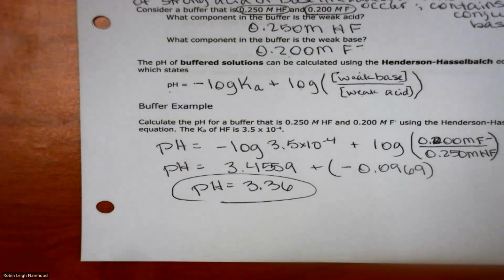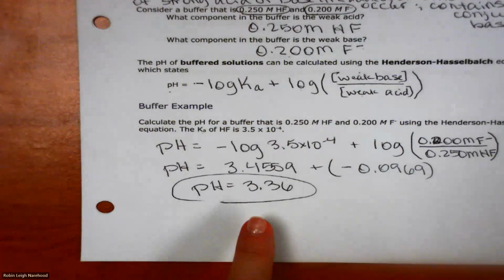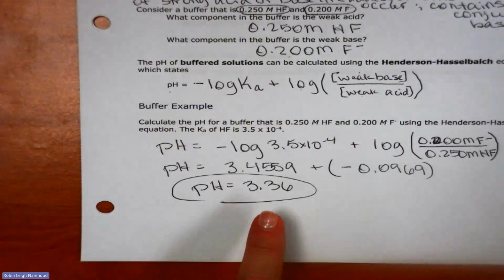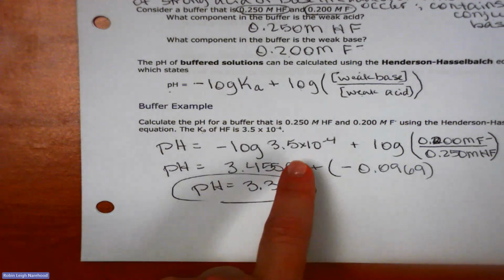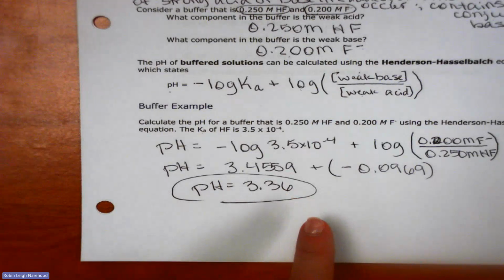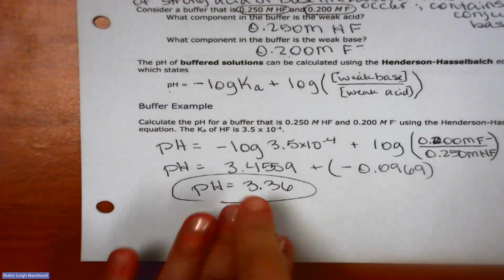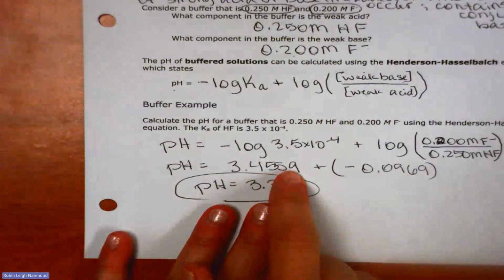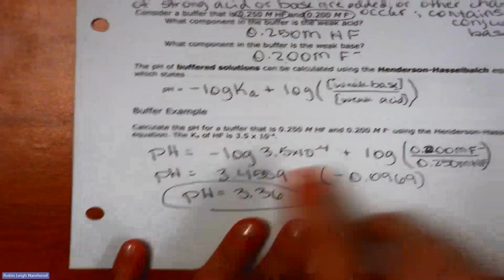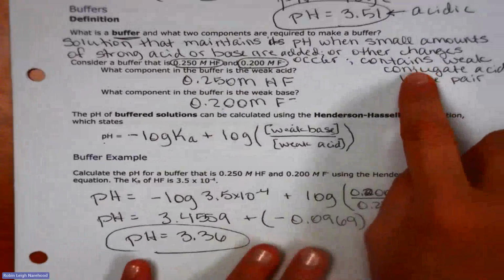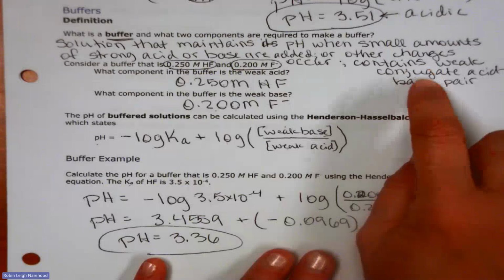The range that the pH of the buffer is in is always going to be based on the Ka of the weak acid of the conjugate pair, because you see this is 3.4559. You want nearly equal amounts of the conjugate acid-base pair.